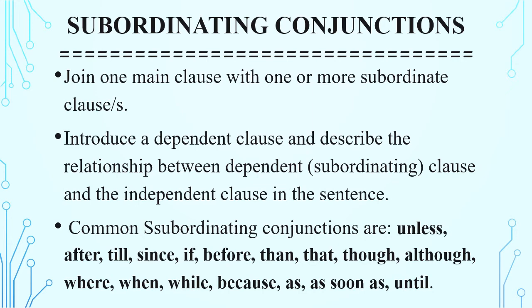Subordinating conjunctions introduce a dependent clause and describe the relationship between the dependent or subordinate clause and the independent clause in the sentence. Common subordinating conjunctions are unless, after, till, since, if, before, than, that, though, although, where, when, while, because, as soon as, until, etc.